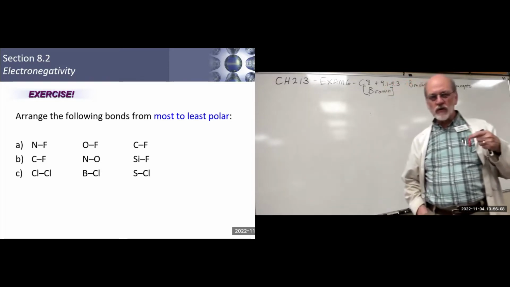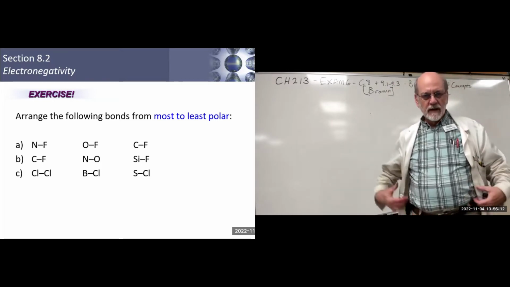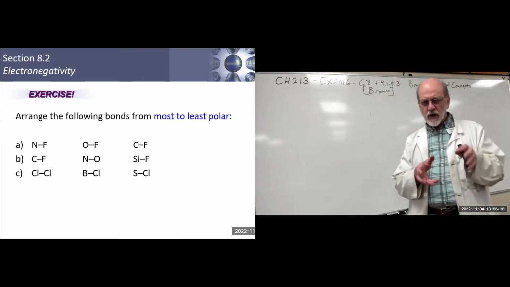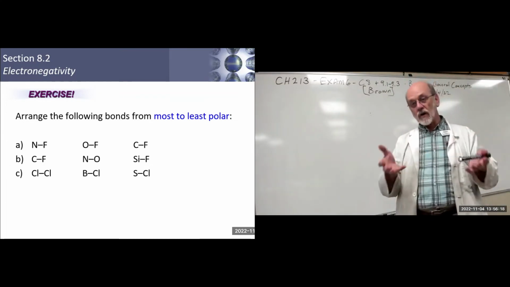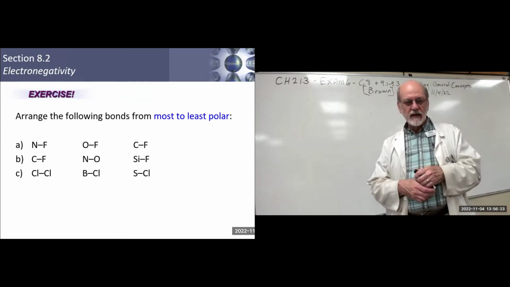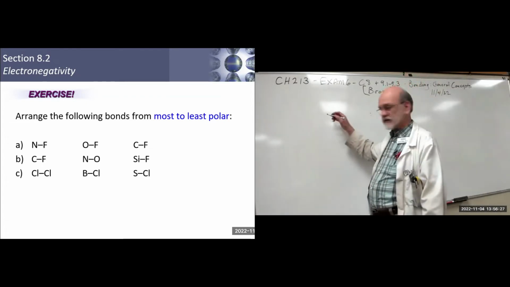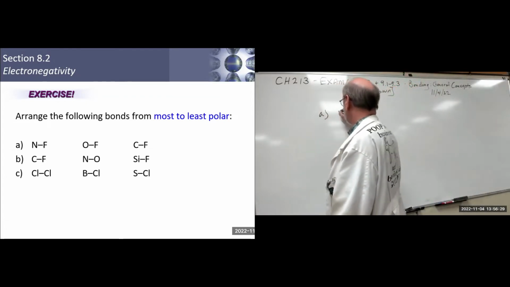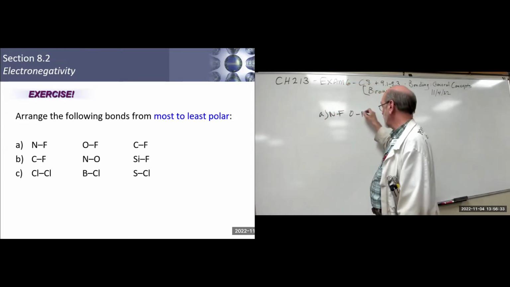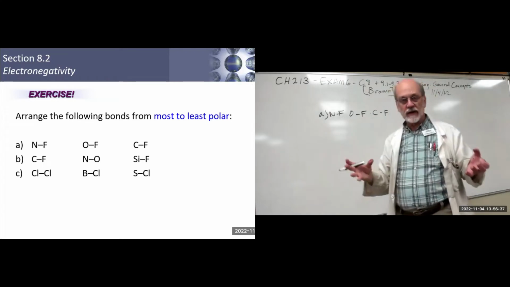When we say polar, we're talking about covalent bonds. So we look to see, all right, nitrogen-fluorine, oxygen-fluorine, carbon-fluorine. Those are all covalent bonds. The nice thing about it is nitrogen-fluorine, oxygen-fluorine, and carbon-fluorine, they're all bonded to fluorine.